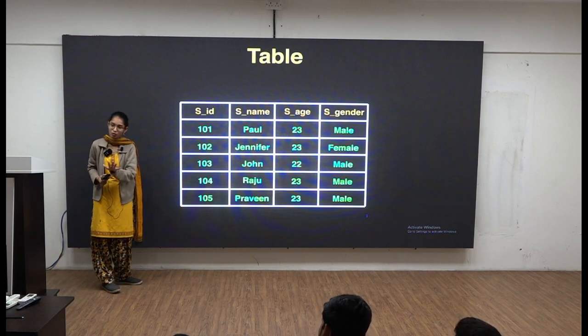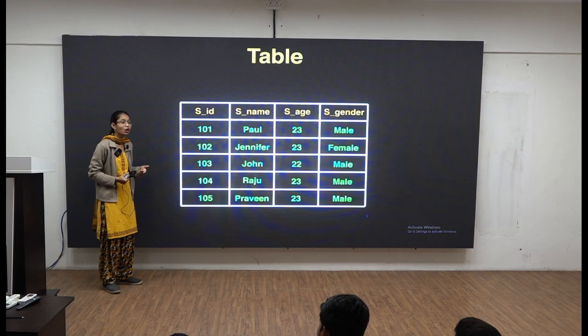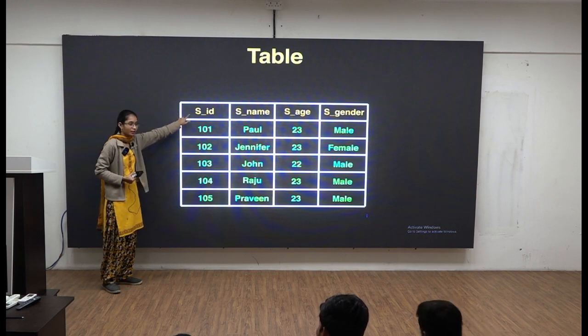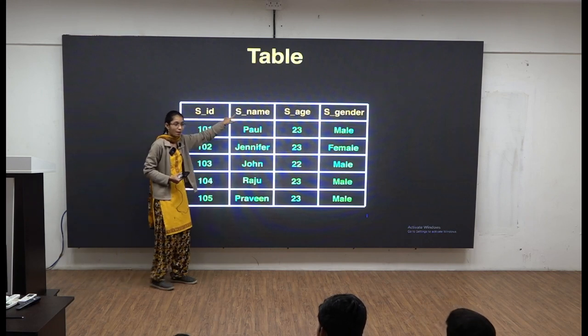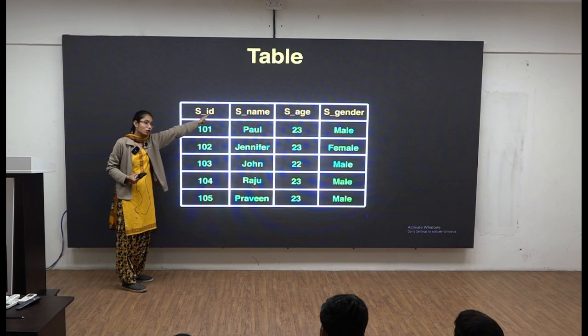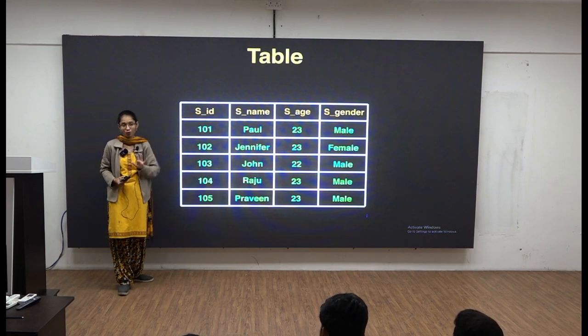Here also they are rows only, but specifically they are called table rows. And see, these are my columns, right? These are my column names. But these columns are also present in one row, so this will also be considered a row.